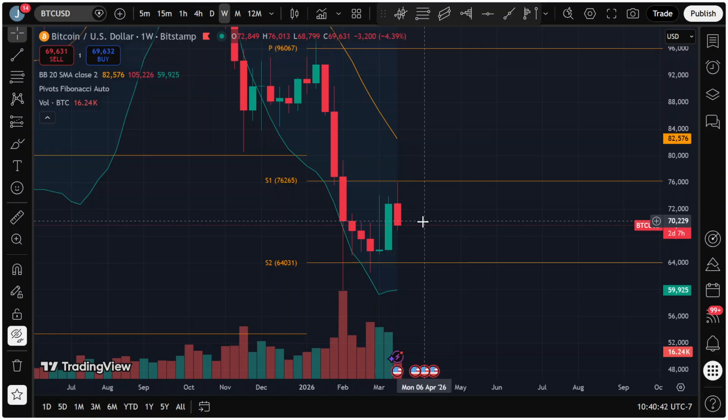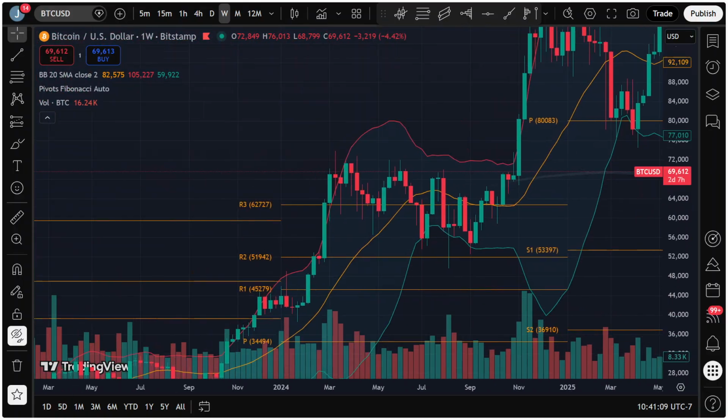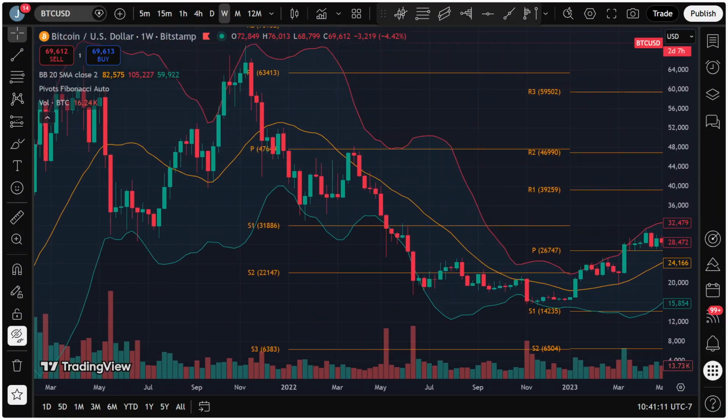If we can see a close this week above 70.2, it's going to make it easier for us to build support and make another push for that 76.2K, which is still my base case hope at the moment. I really hope that we don't fall down to 66 here. It would not be a good sign for us to continue forward from these price levels. And we can go take a look at 2022 to see a similar example.